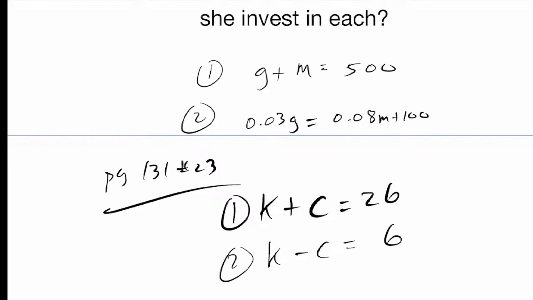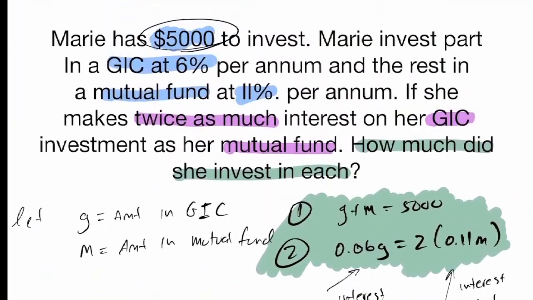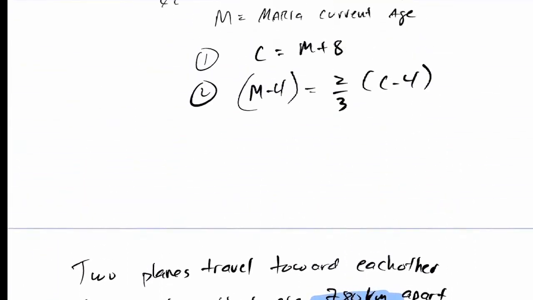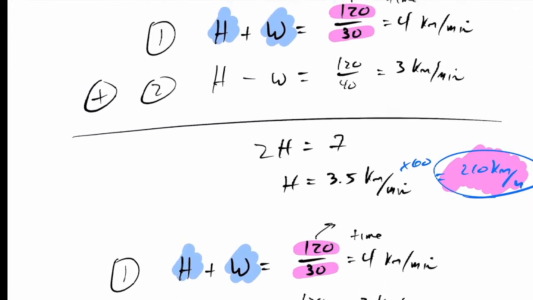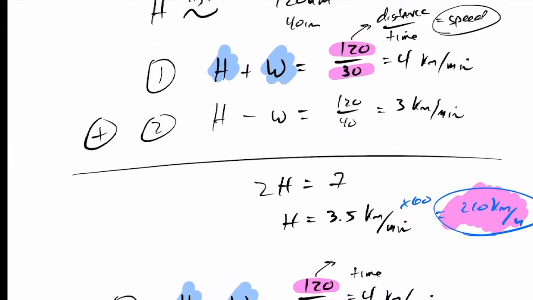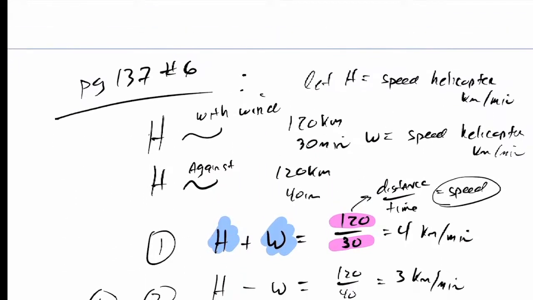What is different about this question is they've given you the speed directly, whereas in the questions that we did earlier, I had to divide them out. The one that comes to mind is the helicopter in the wind one, I had done page 137, number 6.